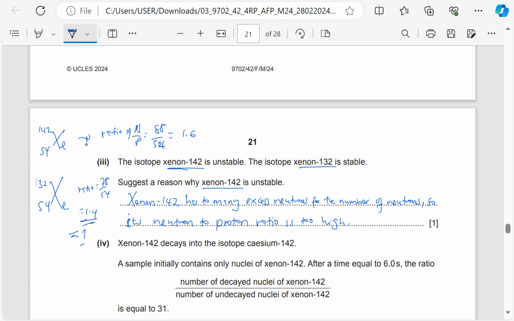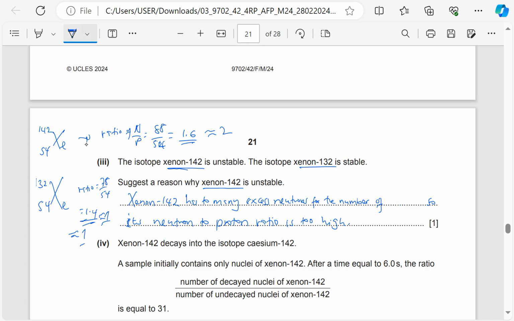For those nuclei whose neutron to proton ratio is very close to 2, they are always unstable. Like xenon-142, 1.6 is very close to 2. The other one, 1.4, is very close to 1. So xenon-142 has too many excess neutrons for the number of protons.